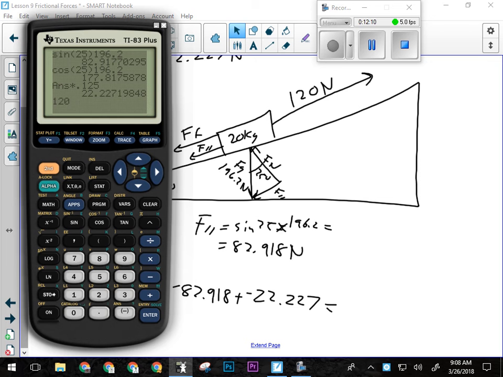All right, so 120 minus 82.918 minus 22.27. All right, so I've got a net force of 14.855 newtons up the ramp. Divide that by 20, and I've got my acceleration. All right, so my acceleration is 0.74 meters per second squared up the ramp.